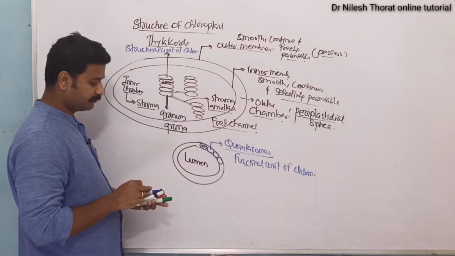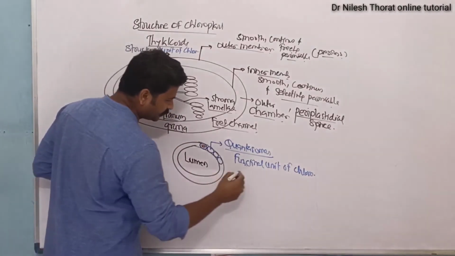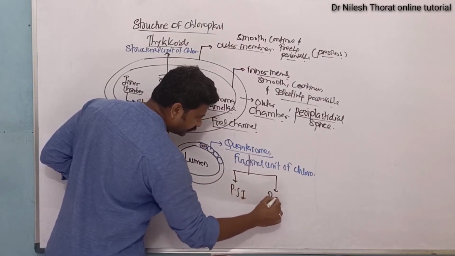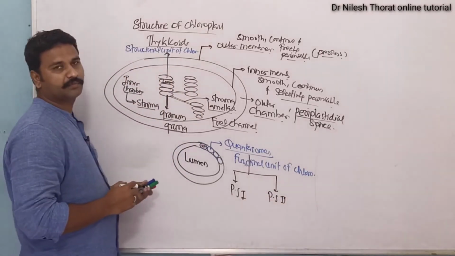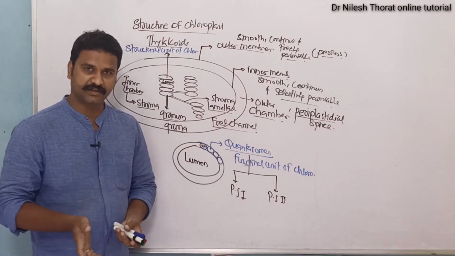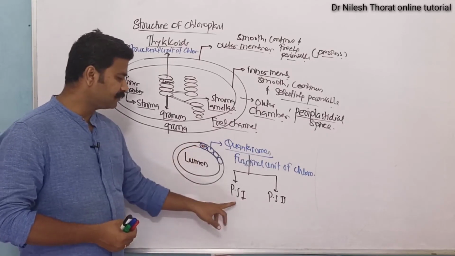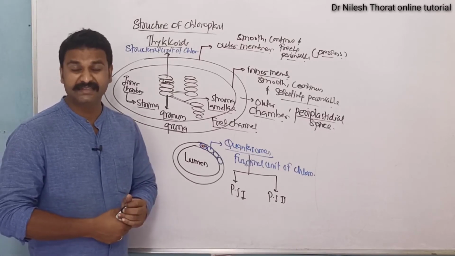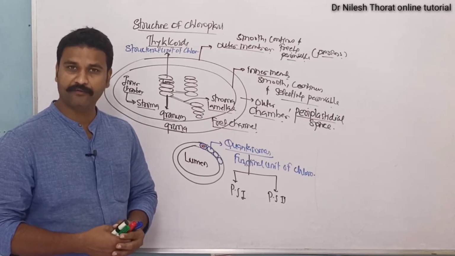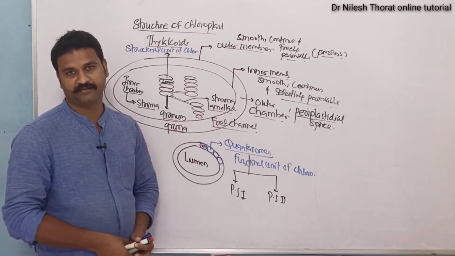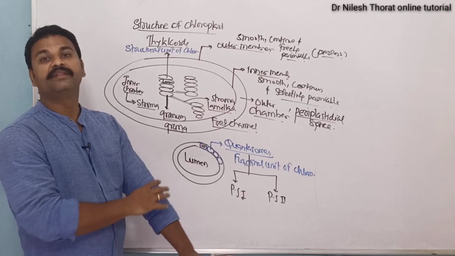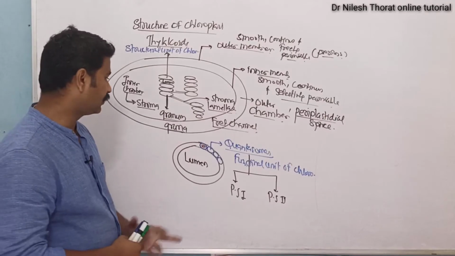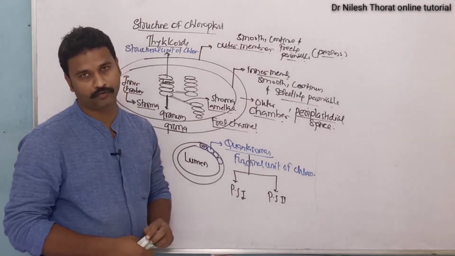There are two types of pigment systems present in the quantasomes: pigment system 1 and pigment system 2, depending upon the reaction center inside the quantasome. These pigment systems are responsible for photophosphorylation, meaning ATP synthesis with the help of light. So these pigment systems are responsible for ATP generation with the help of light, and so that's why the quantasomes are called as functional unit of chloroplast.